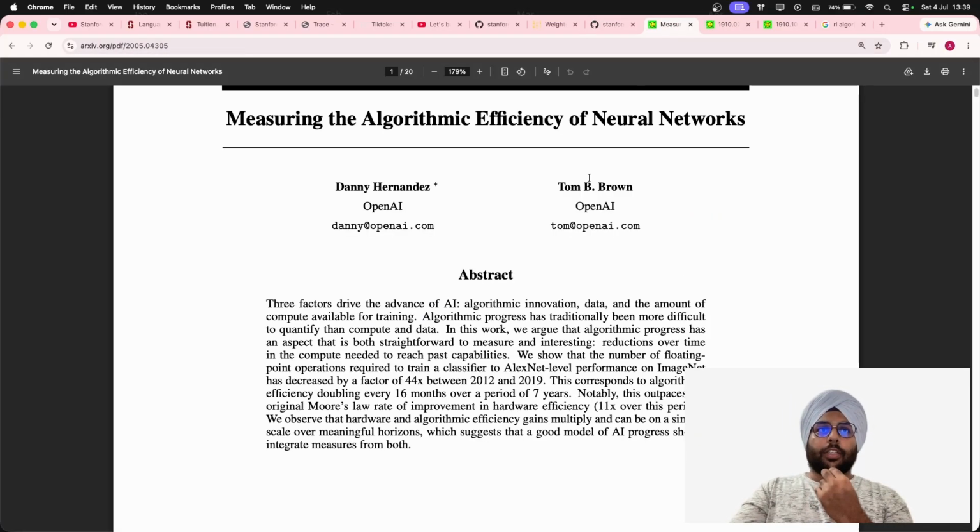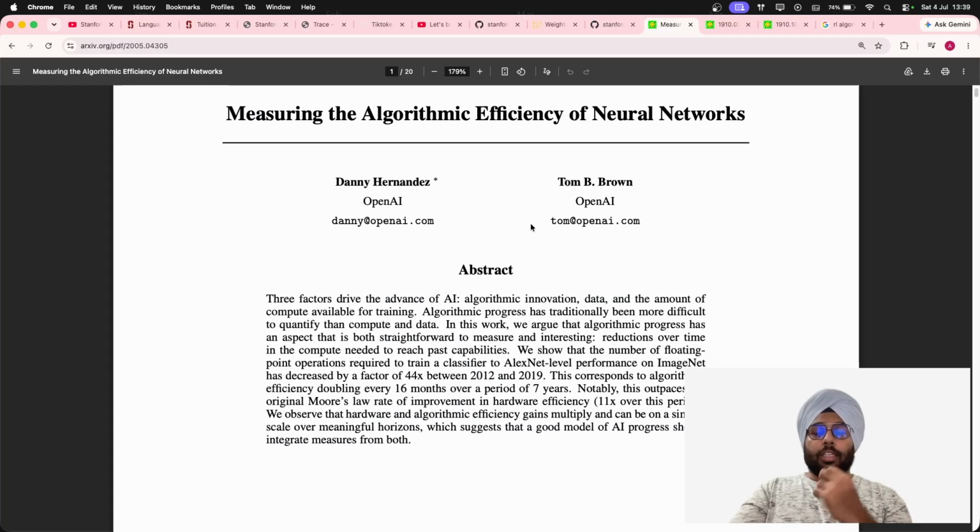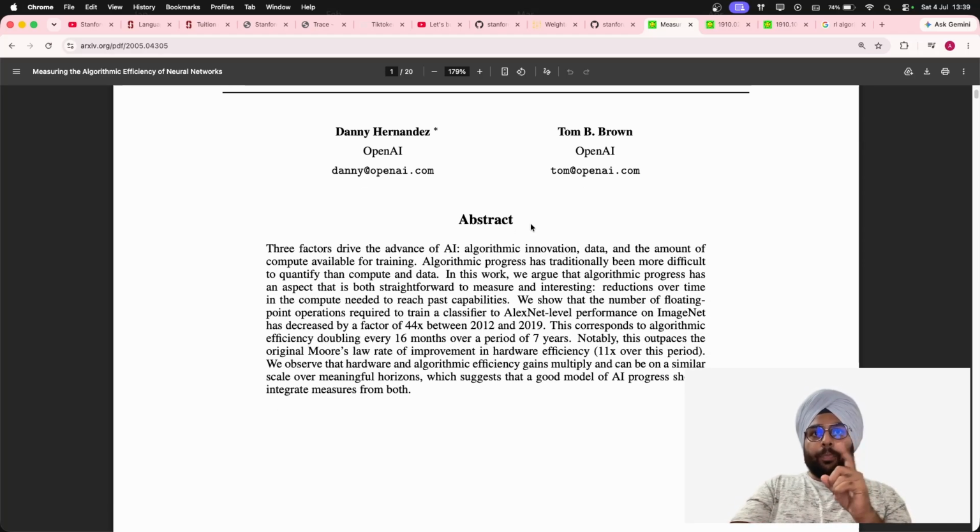There are also a few research papers mentioned in this lecture. First is measuring algorithmic efficiency, by OpenAI. I knew that OpenAI published a few papers, but I didn't know they published so heavily and share a lot of research. This is about how algorithms improved efficiency by 44 times between 2012 and 2019. When you work on a model, you want accuracy.